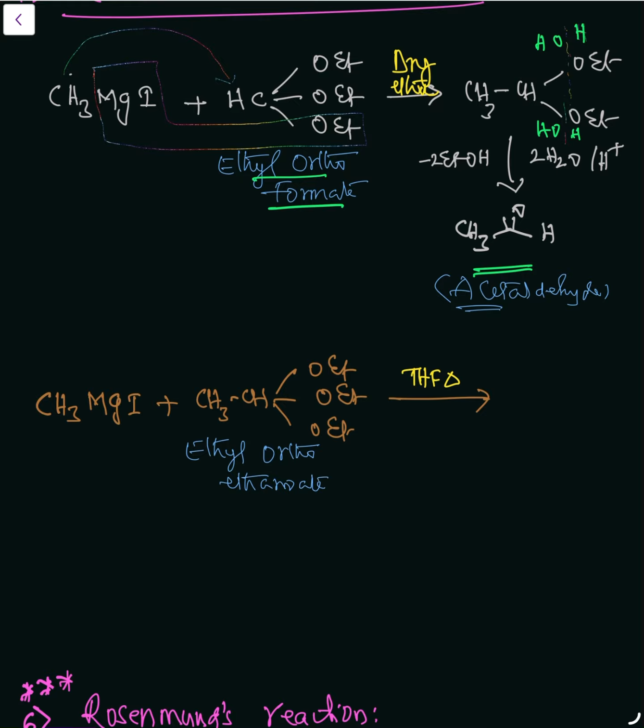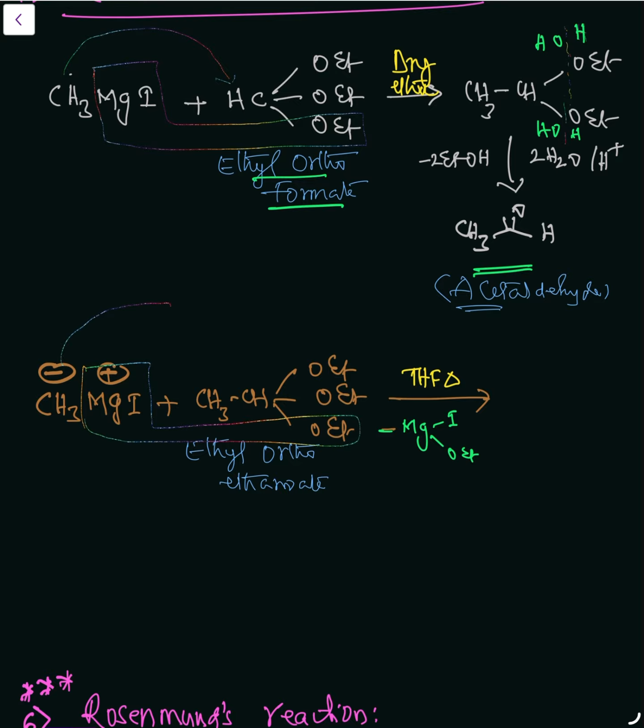Now, in the presence of tetrahydrofuran, on heating, removal of which one takes place? Removal of MgI and OEt. We know this is minus, this is plus. So in this case also removal of this molecule is taking place.